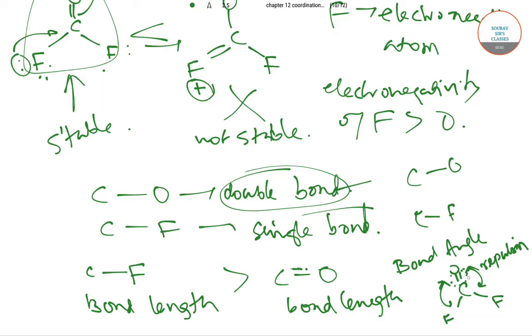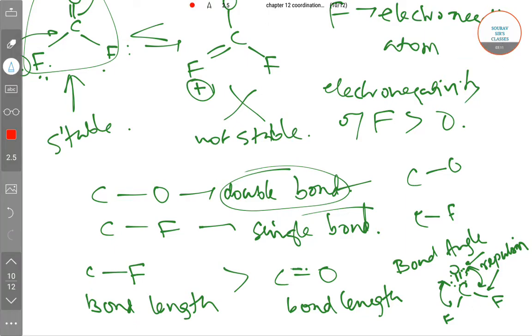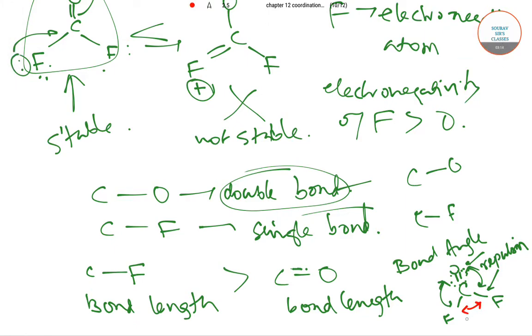The repulsion between this bond and this bond is high, and the repulsion between this bond is comparatively low. So the C double bond O, F angle will be greater than the C single bond F angle.